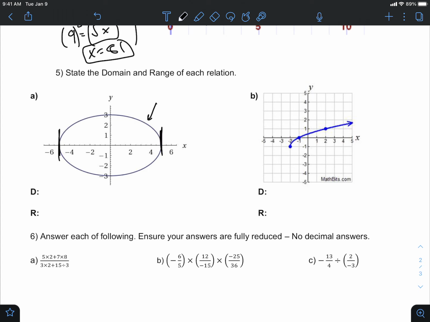Domain. What values of x are valid for this particular graph? You can say it can take on any value of x as long as those values of x stay within -5 and +5.